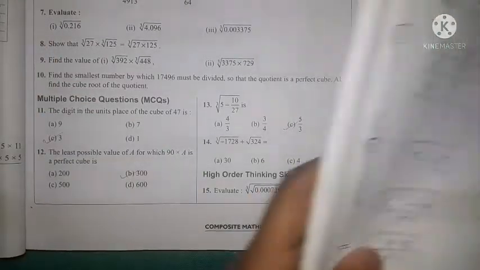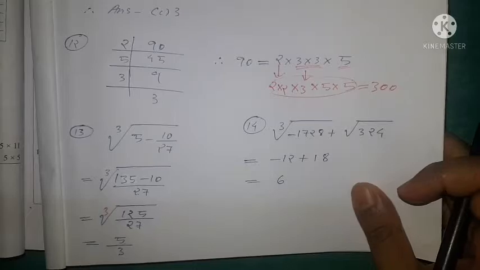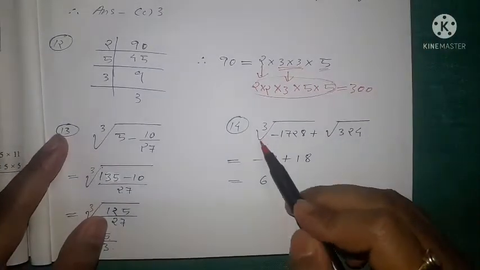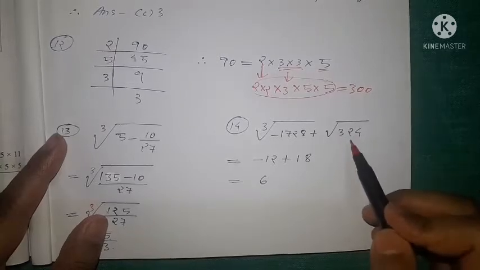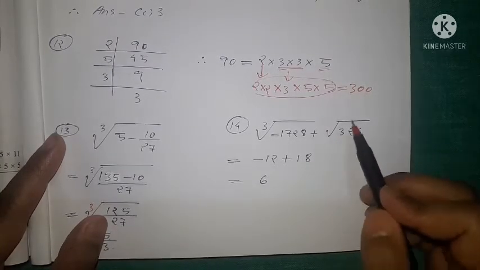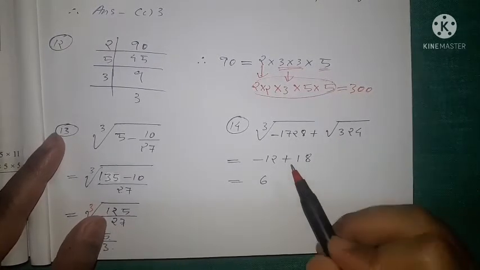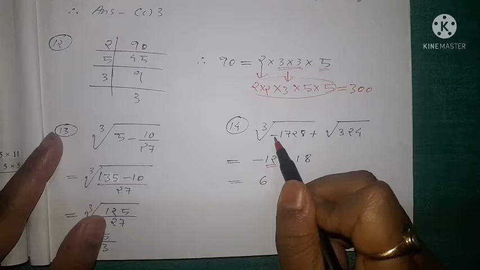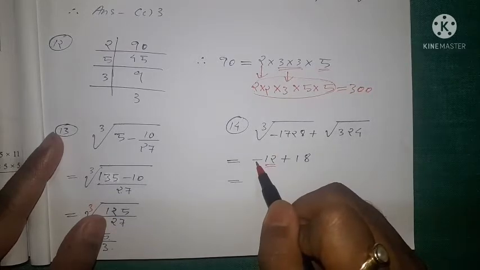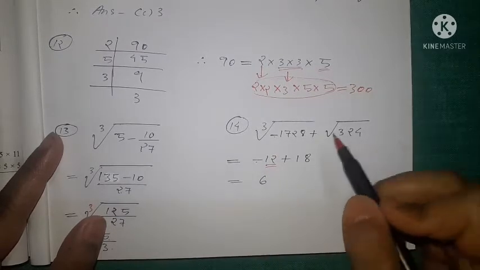Then question number 14. We need to find the cube root of minus 1728 plus the square root of 324. The cube root of 1728 is 12, and since one minus sign is there, we give one minus sign here.